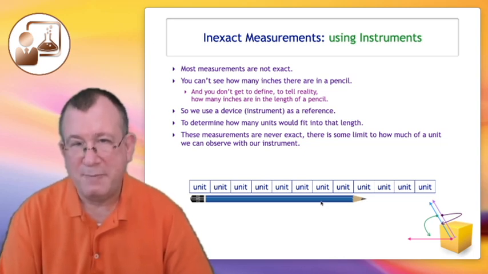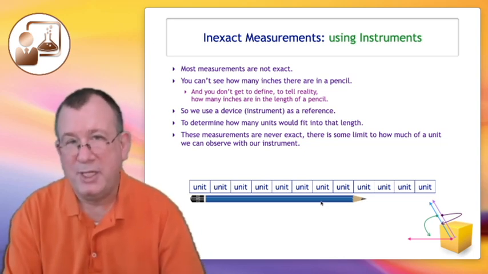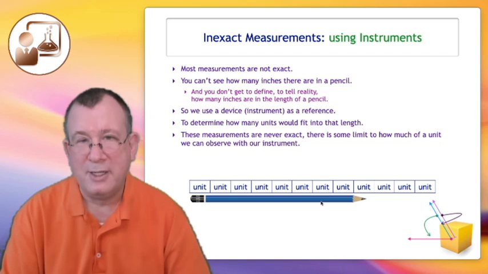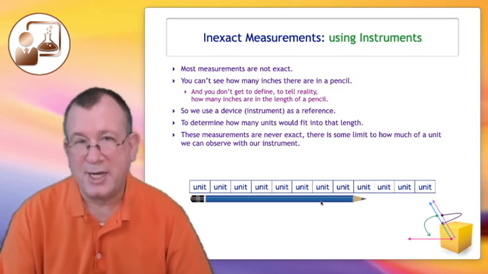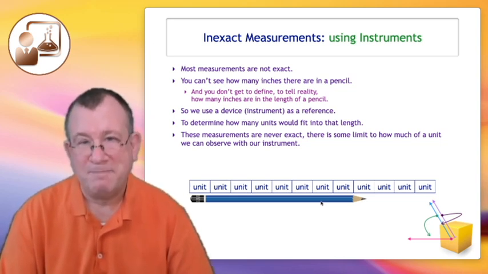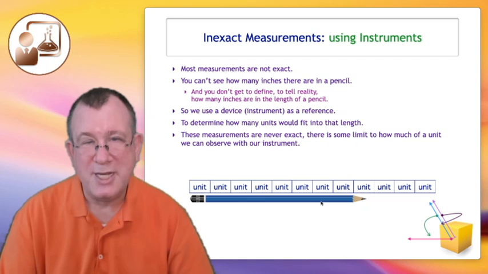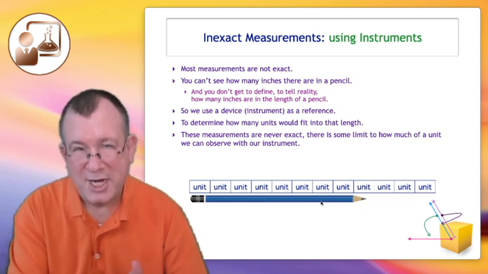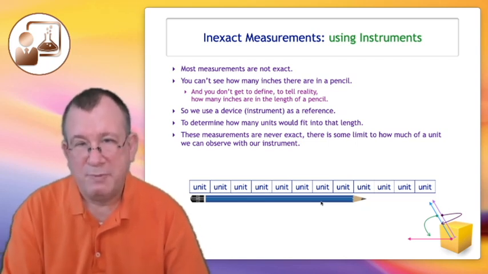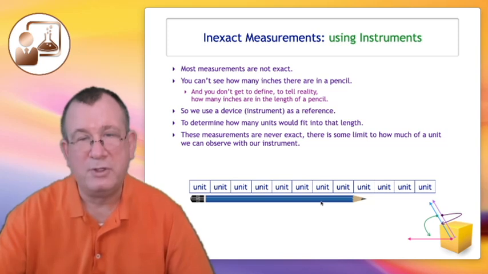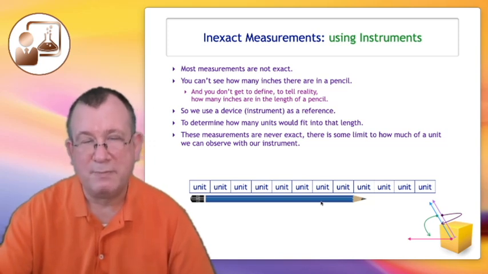If I take a look at that pencil and I ask you, well, how many units are in that length? Maybe how many inches are in that length? Well, you can't see the inches. It's not like eggs on a shelf. You can't actually see each one of the inches. But you know it has a certain number of units in that length.